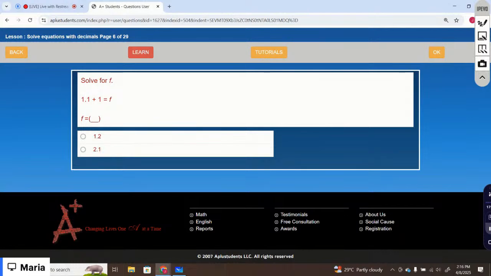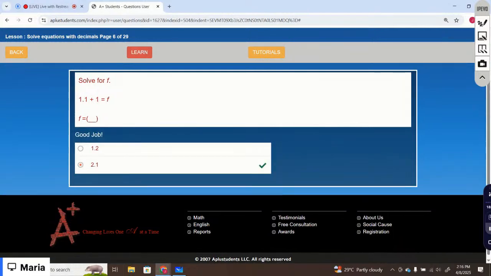Solve for f. 1.1 plus 1 equals, that is 2.1. Option number 2 is the correct option.